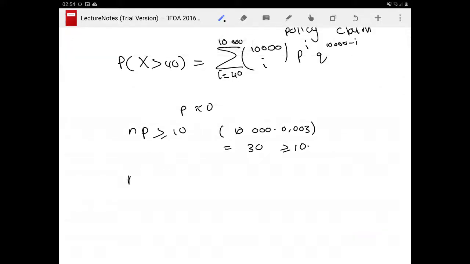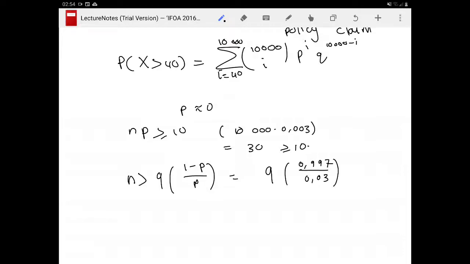We could also do the more advanced one, where we look at 9 times (1 minus p) over p, which is the same thing as 9 times 0.997 over 0.003.